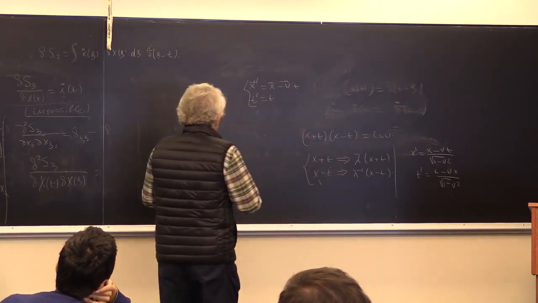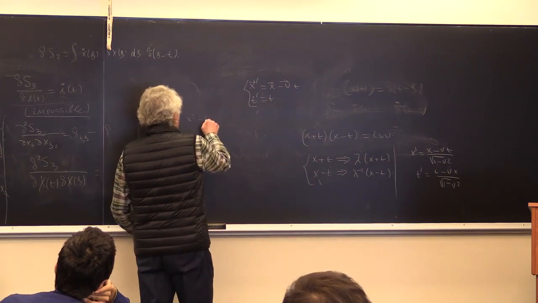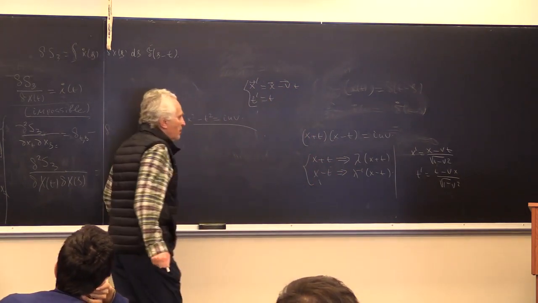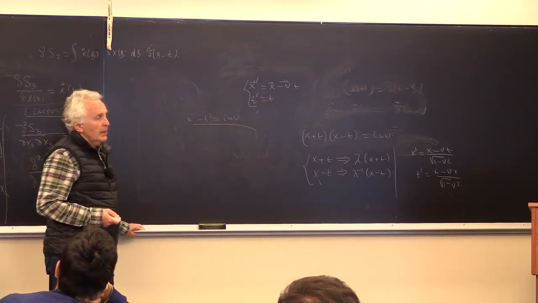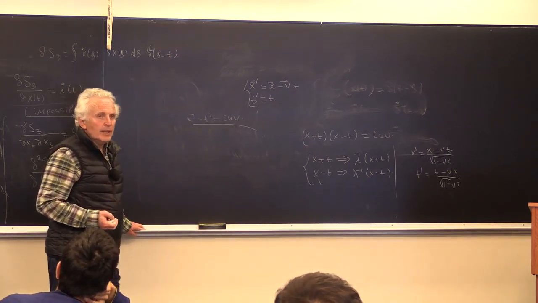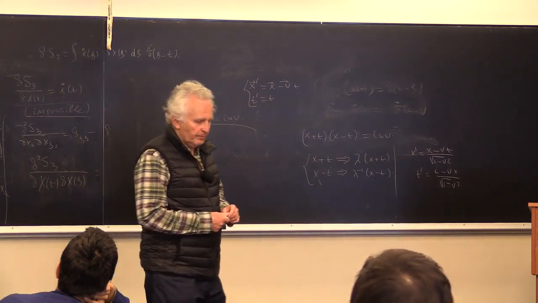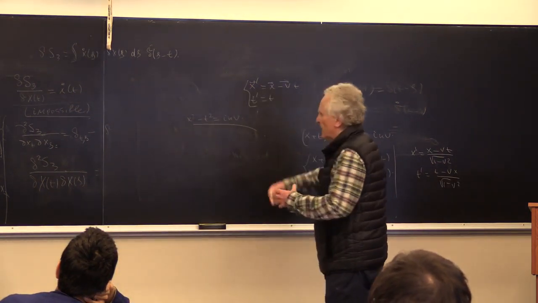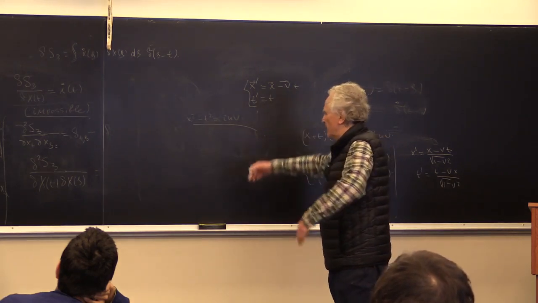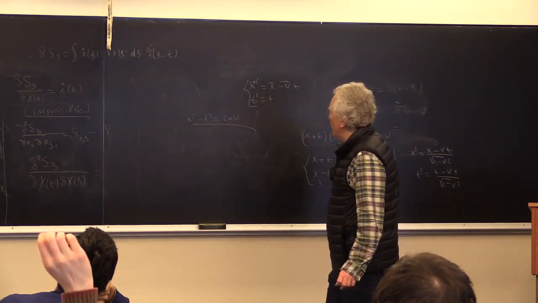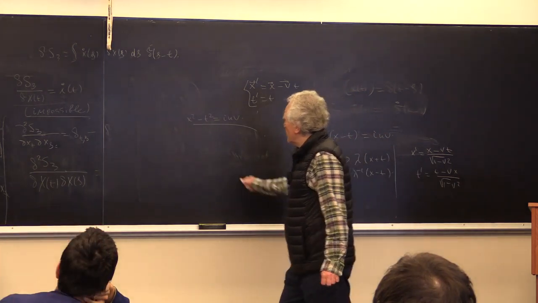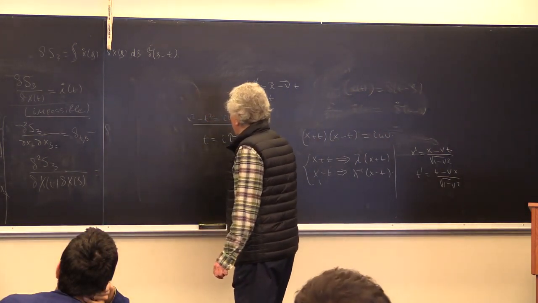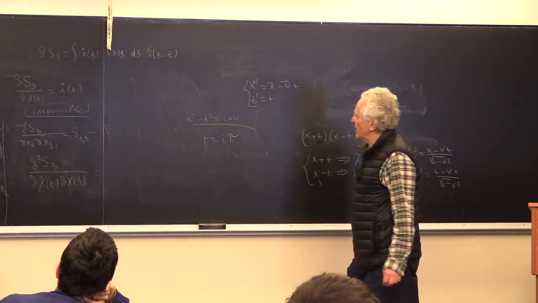First of all, let's notice that it should remind us of something, namely, let's assume that time is imaginary, and then analytically continued back to the real time. If time is imaginary, let's introduce t equal to i tau.